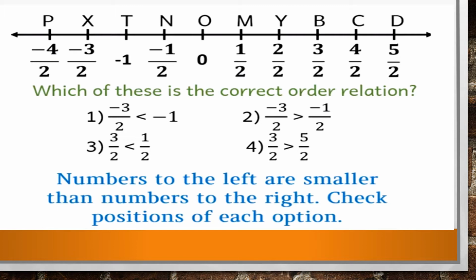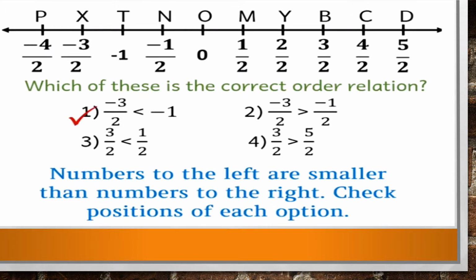First option, -3/2 and -1. Okay, -3/2, is it greater or smaller than -1? You have to see that. I've explained you that as we go towards the left, the value of the number keeps decreasing for negative numbers. Okay, so you have to check that way. So if you check the numbers, the numbers to the left are smaller.